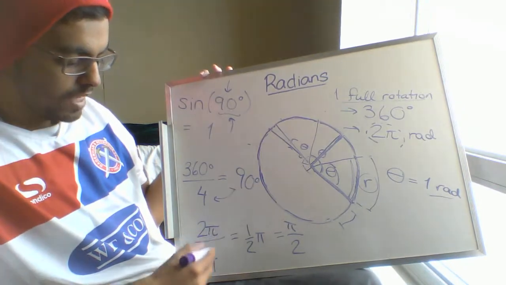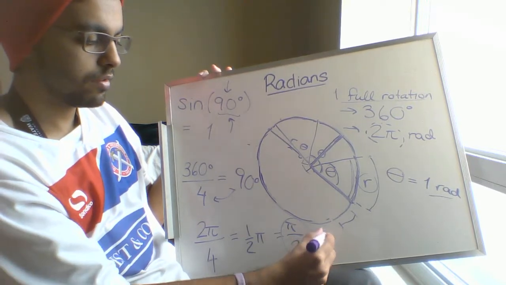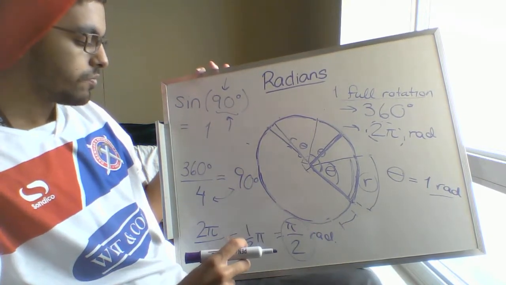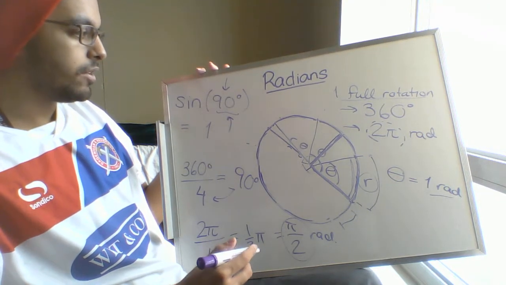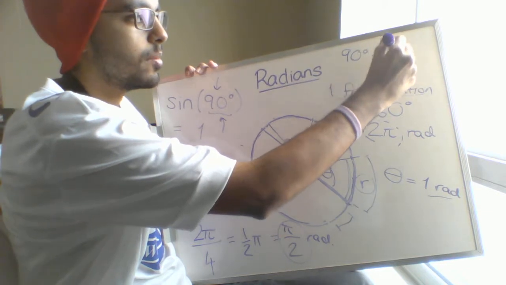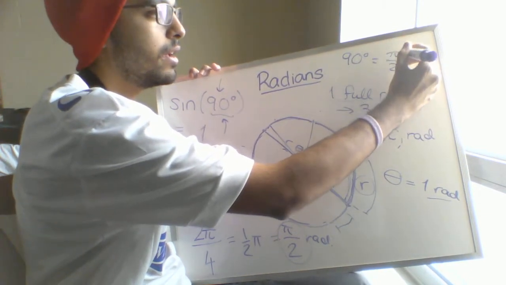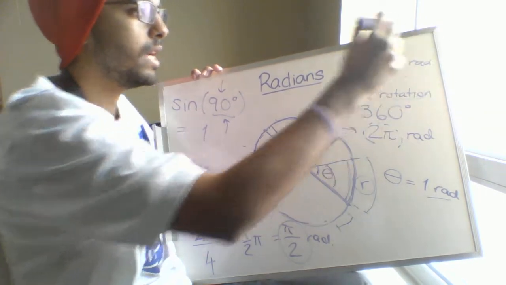So 2 pi radians divided by 4 gives us pi over 2 radians. So this tells us that 90 degrees is the same thing as pi over 2 radians.